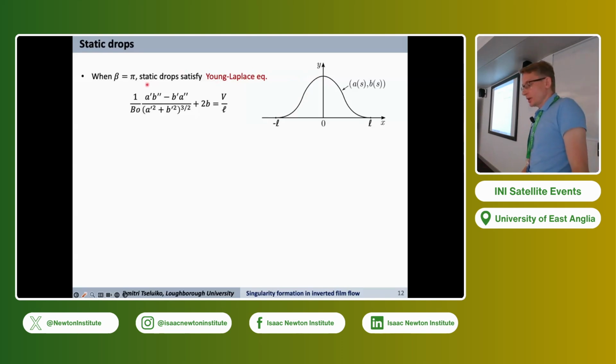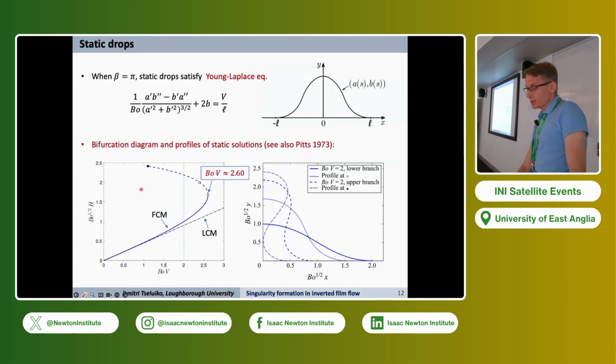And the Young-Laplace equation for the full curvature case is shown here. Here A and B are simply the parameterizations of the free surface, and S is a parameter. For example, it can be the arc length.